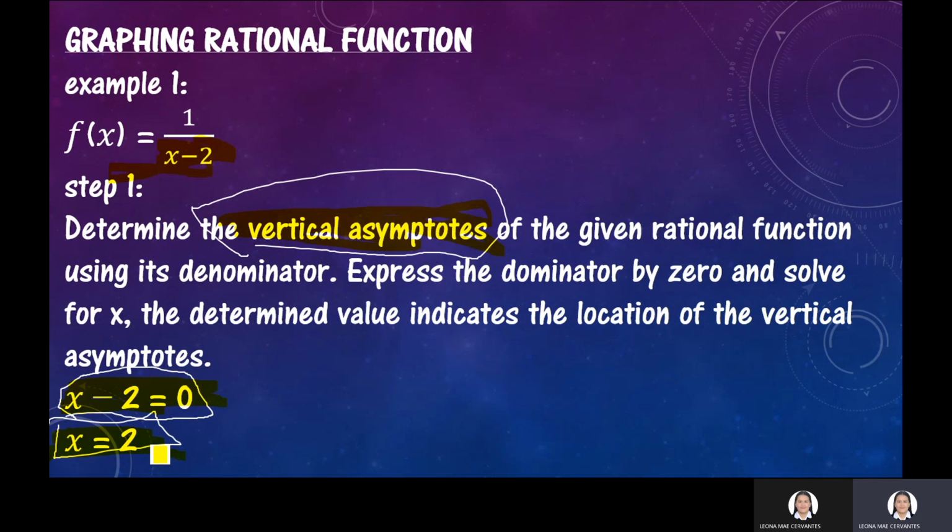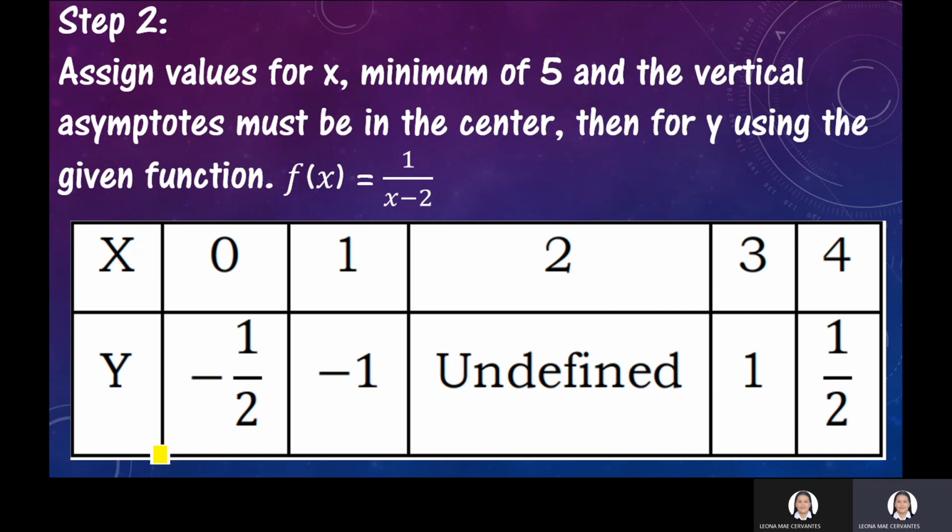Next, step 2. Assign the values for x, minimum of 5, and the vertical asymptote must be in the center. Then for y, use the given function. Our given function is f of x equals 1 over x minus 2.